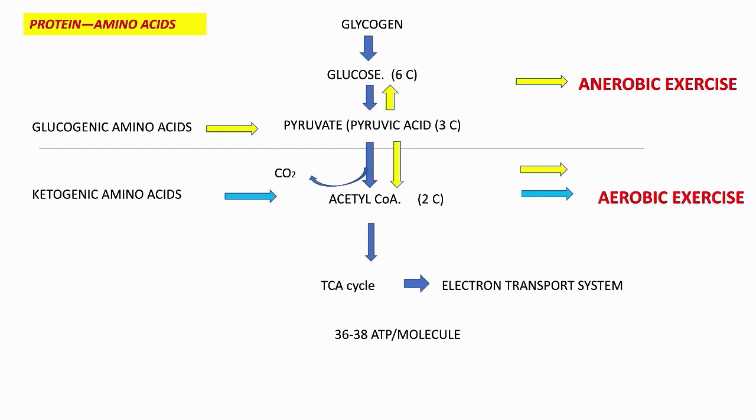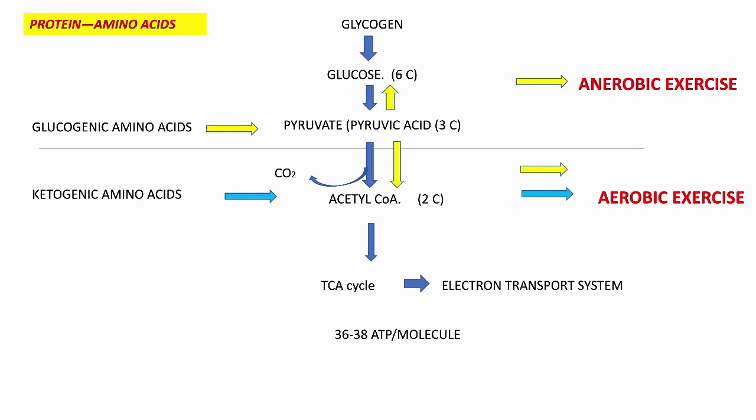Folks who think that they're just using fat for energy during their high-intensity exercise while following these low-carb diets should know that they're also using their protein, and their lean body mass may be drawn on to provide energy during this exercise. Ketogenic amino acids are broken down into 2-carbon fragments or ketones, and these can form acetyl-CoA.